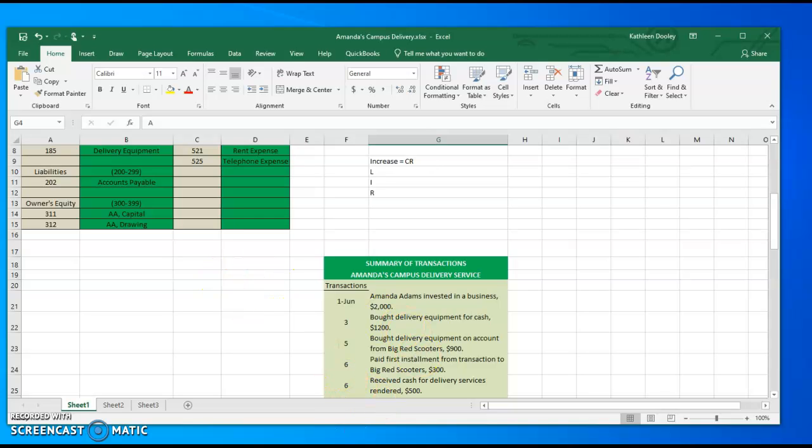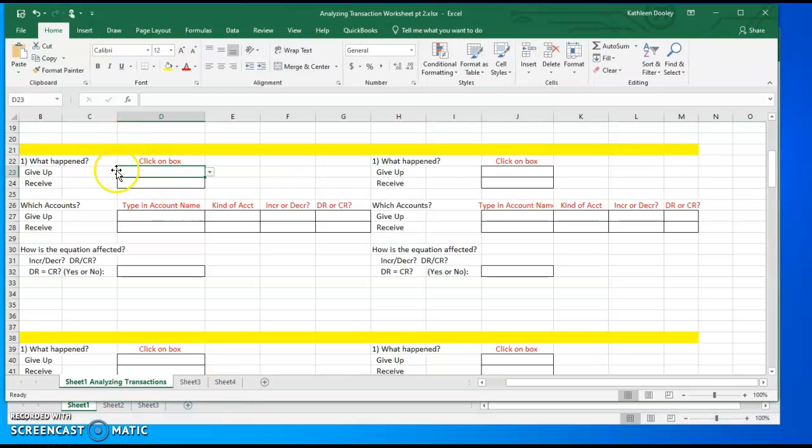Okay, so go back in here. We received equipment. What did we give up? We gave up not cash today. Yes, we'll have to pay cash in the future. But remember this question, what happened is what happened today.